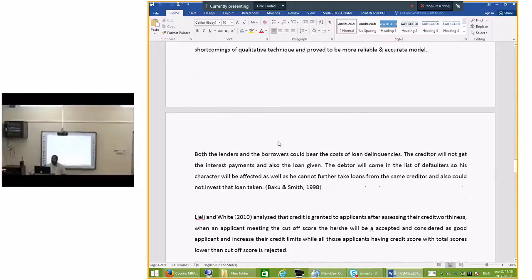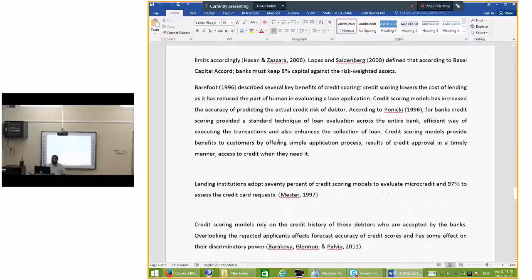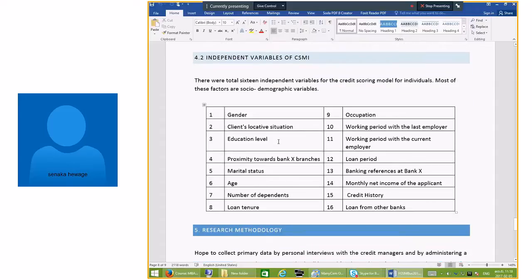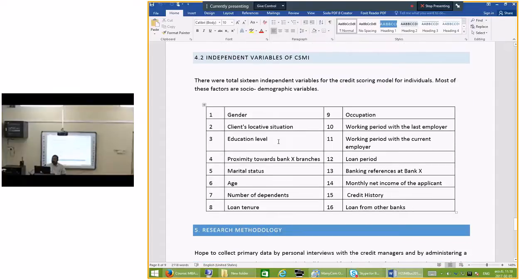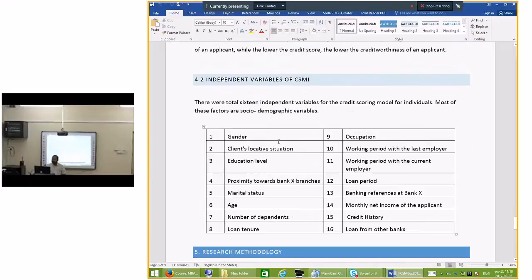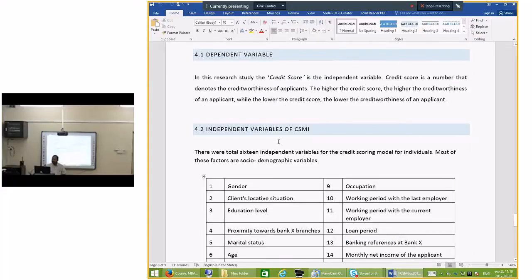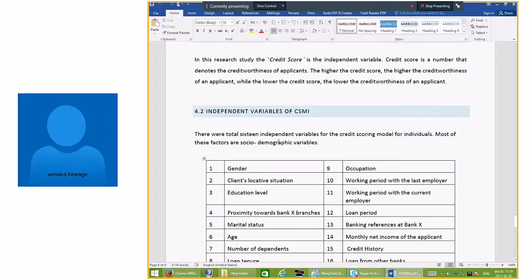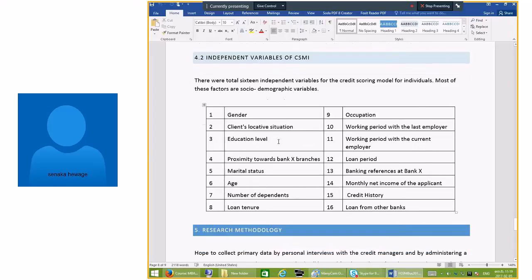Now go to the conceptual framework. Okay, sir. Tell me, the dependent variable is credit scoring. For independent variables, there are 16 variables presently used by those two banks in the credit scoring model.